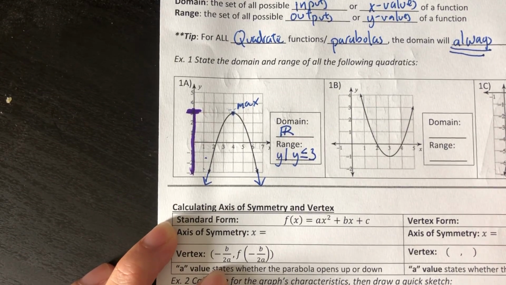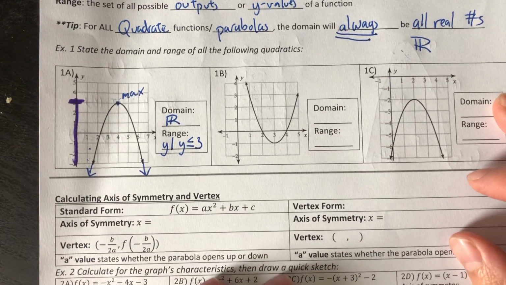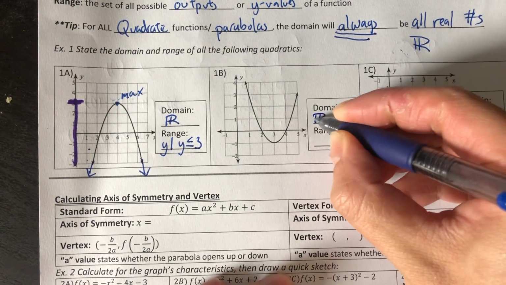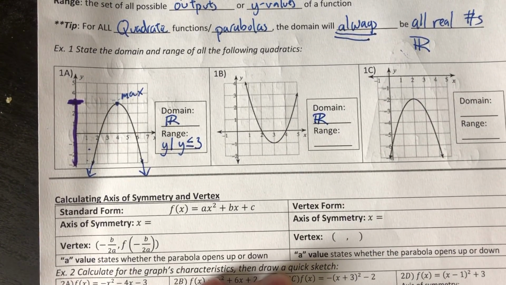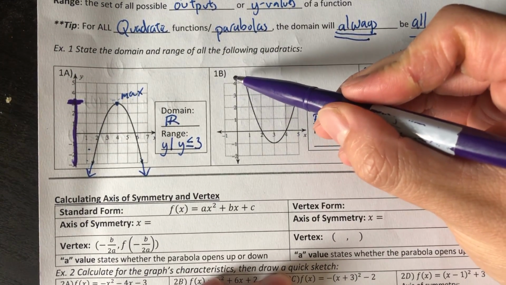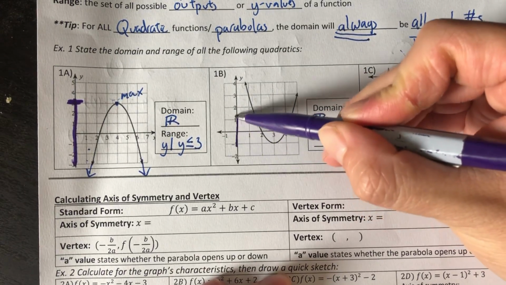Let's try the next example. Another quadratic, another parabola. The domain is going to be all real numbers. And my range, for my range over here, this one is opened up, so I do have a minimum instead.